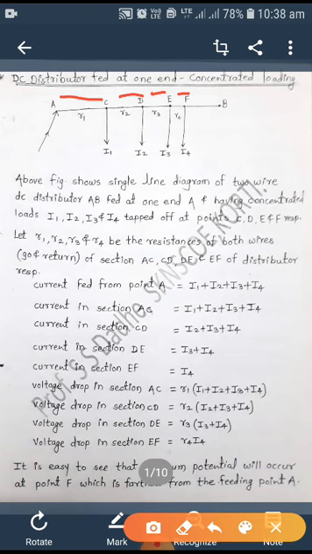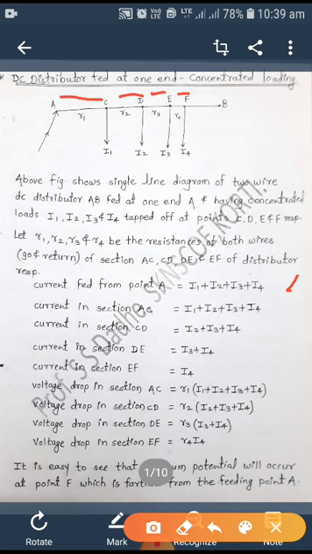As we are moving away from the feeding point, the value of current goes on decreasing. Therefore, the current fed from point A is I1 plus I2 plus I3 plus I4.